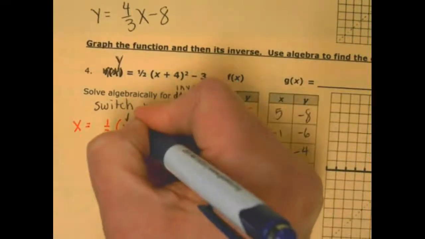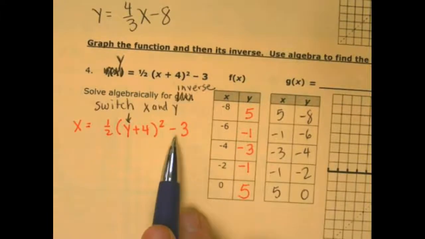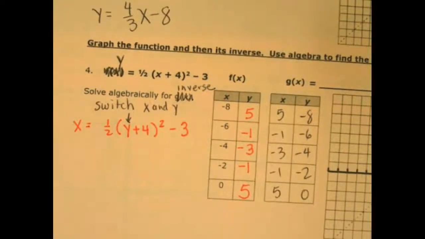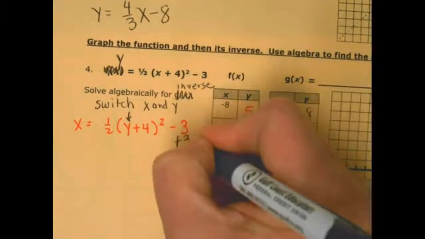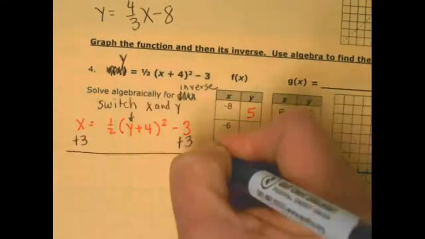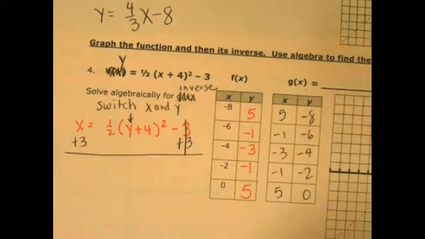If I'm solving that for y, the first thing I'm going to do is the 3. That's a minus 3. What am I going to do to get rid of a negative 3? I'm going to add 3 to both sides of my equation so that that will cancel.